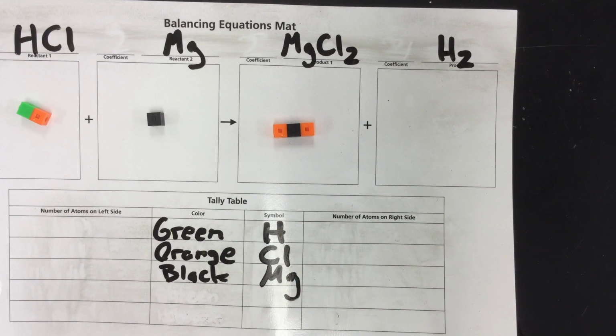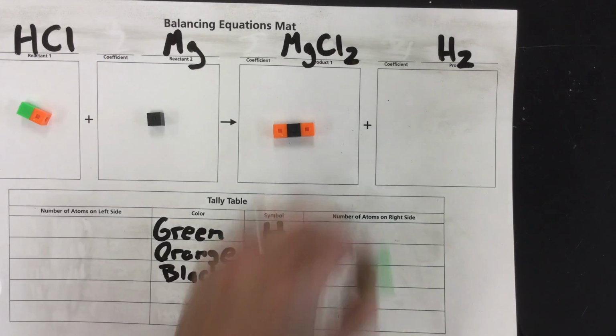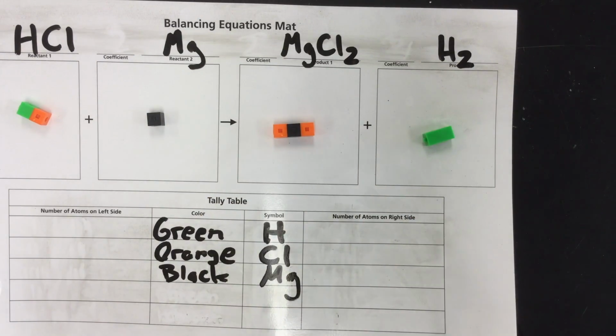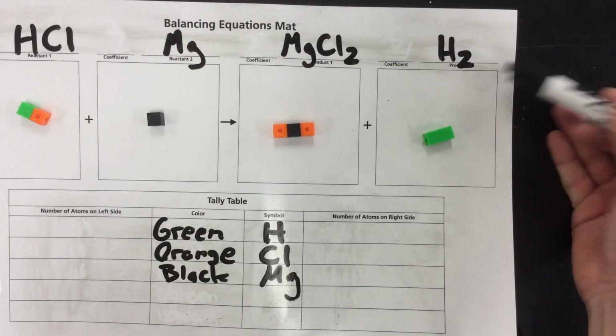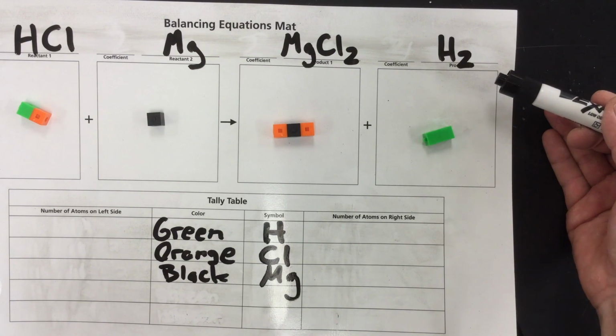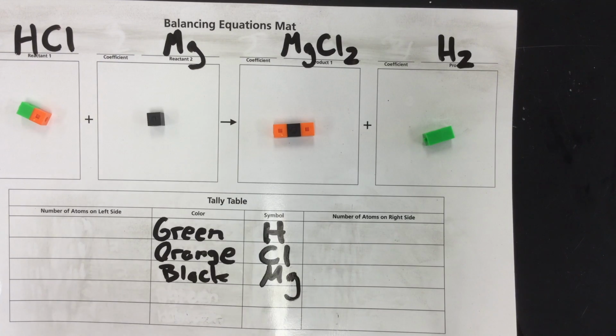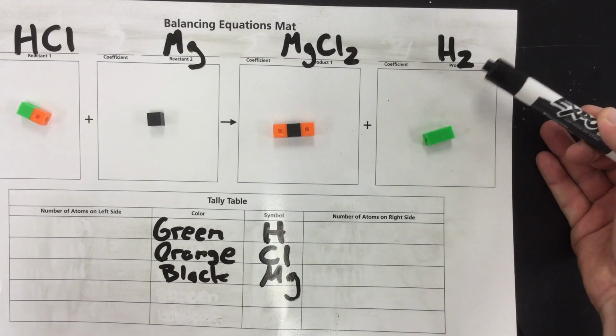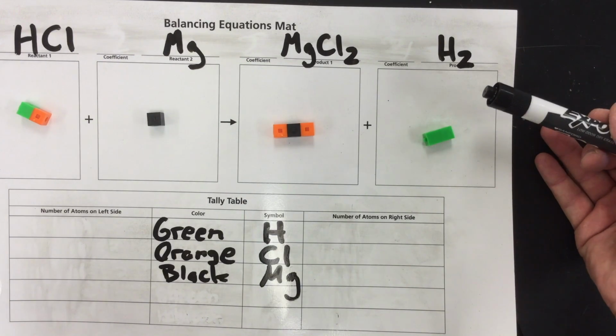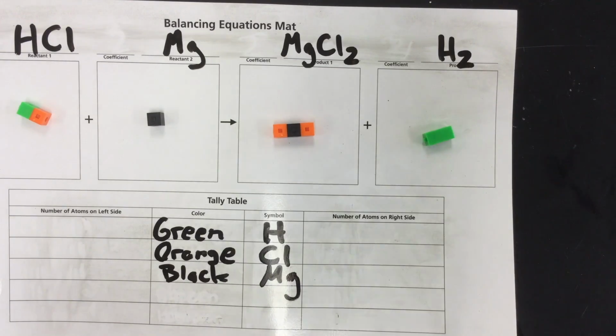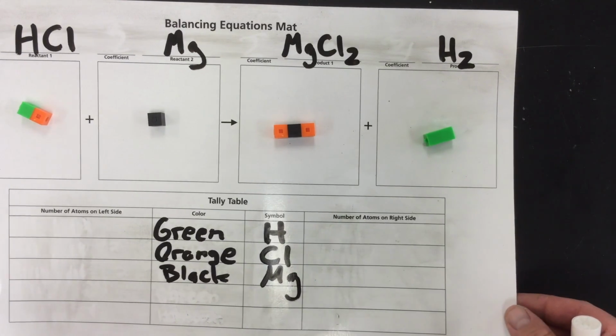And just a note to keep in mind: in a formula, the small numbers to the right and below the symbol of the element are subscripts. That's part of the formula of the compound, and part of the identity of that compound. I'll say more about that in a moment.